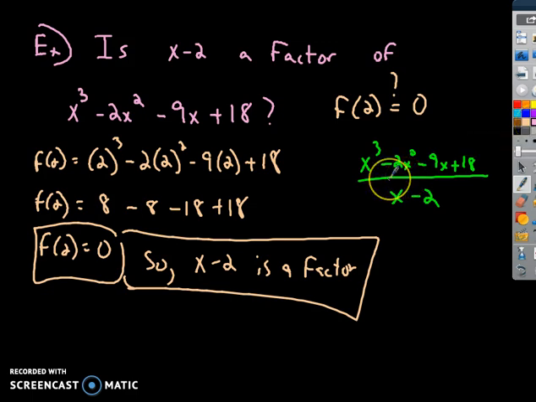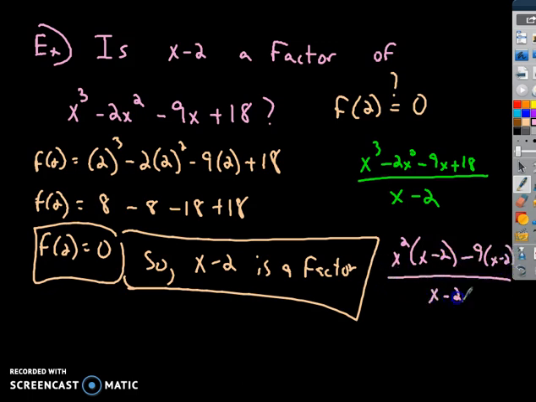So right now, pause the video and factor the numerator by grouping. Pause it. And if you just did that, you should have got x squared times x subtract 2, subtract 9 times x subtract 2, over x subtract 2, which gives you x squared subtract 9 times x subtract 2 over x subtract 2.